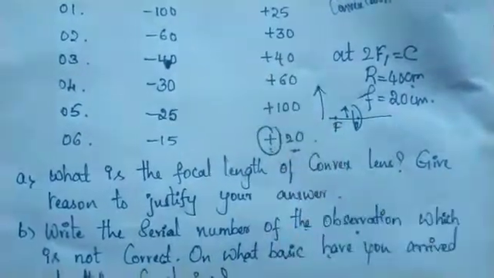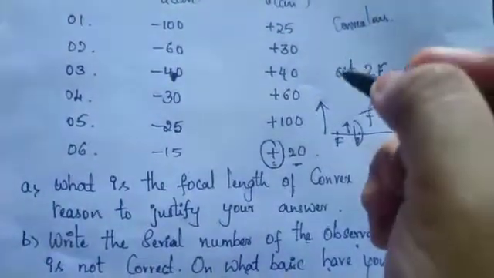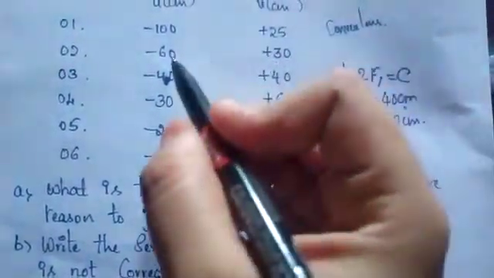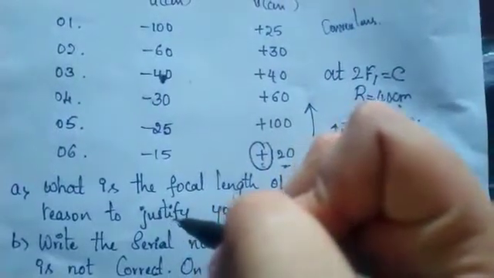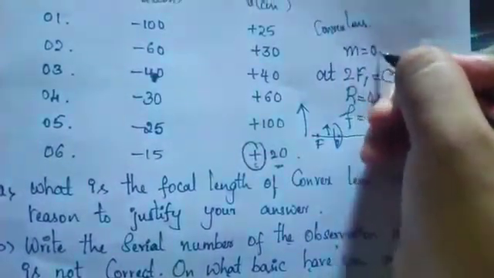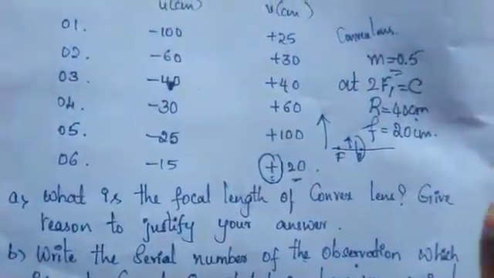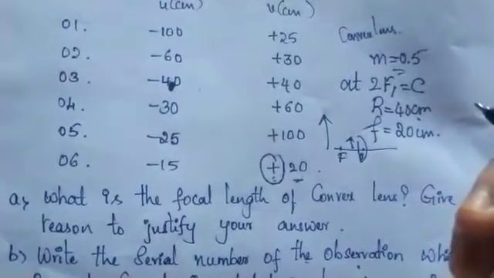You can conclude the magnification: m is equal to v divided by u, that is 1 by 2. You can write the magnification without calculation, you will get minus 0.5, or you will get it as 1 by 2.